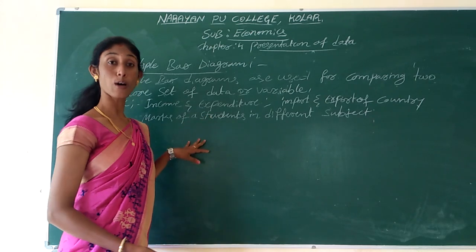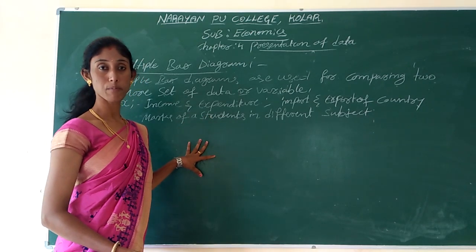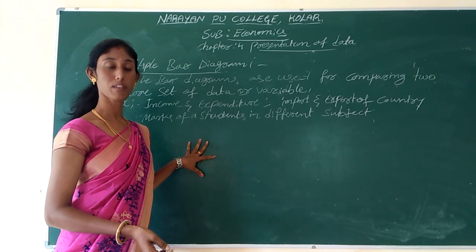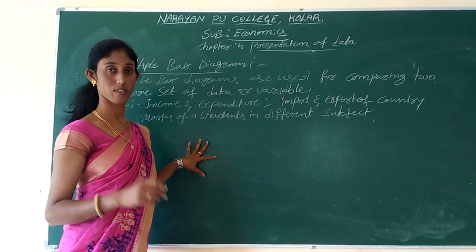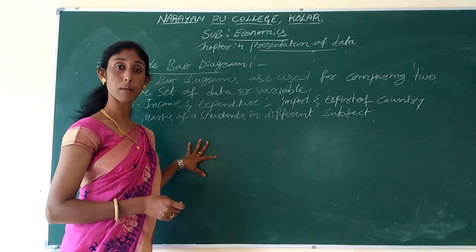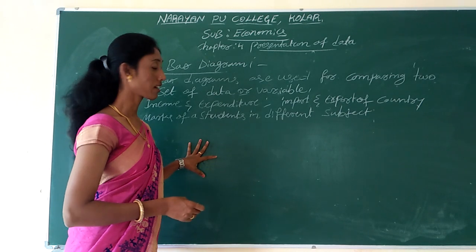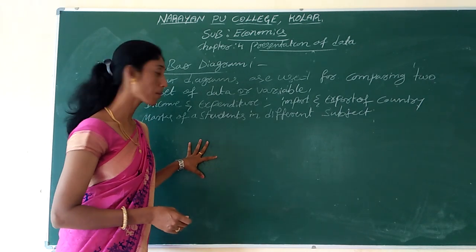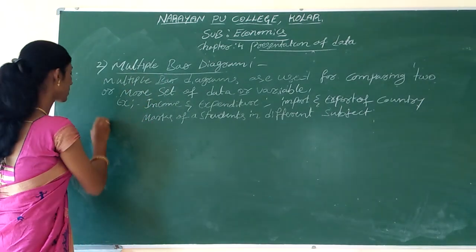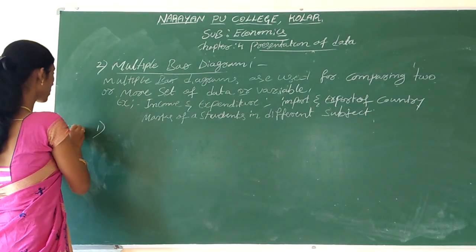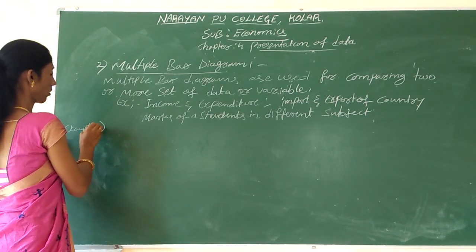Now to discuss how to draw a multiple bar diagram, we will take one question for this. Draw the multiple bar diagram. Take question number 1 under multiple bar diagram, that is an example question. Question number 1.